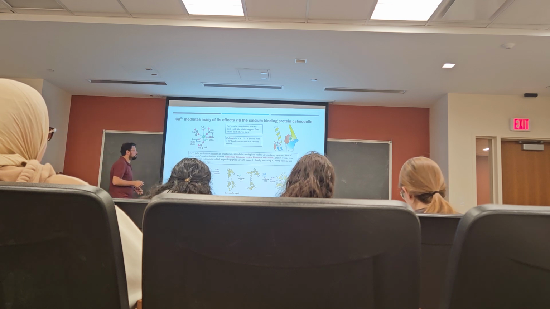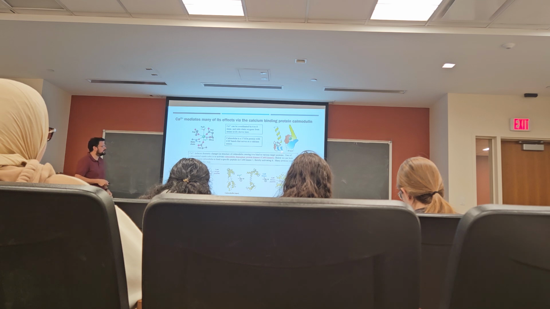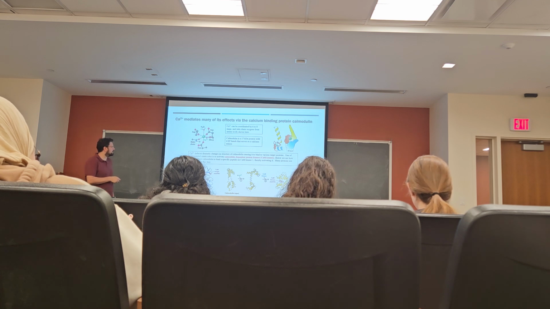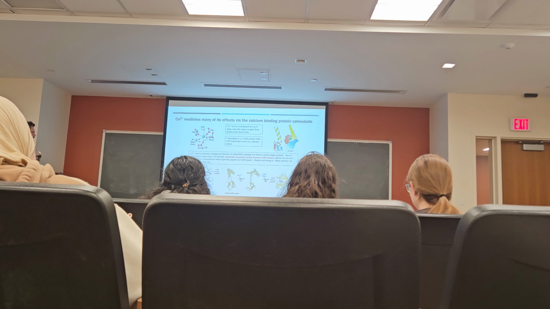Right? Calmodulin is made up of 4 EF hand motifs. And an EF hand motif is simply just 2 helices, okay, with a beta sheet in the middle, right? And if we look at the structure here of the EF hand, we can see that calcium is in coordinate bonds with many side chain and main chain oxygens, right?